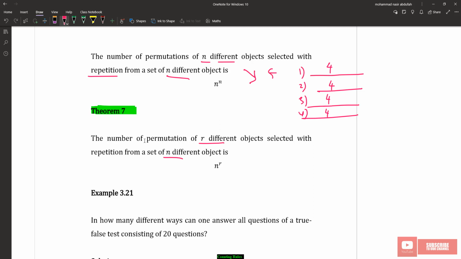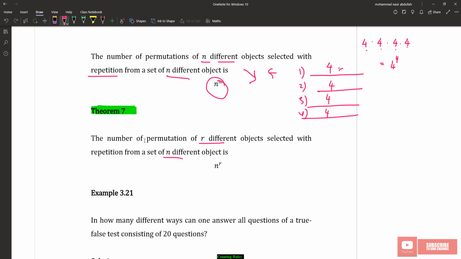Right? By using theorem number 2, first question you have 4 options, second question 4 options, third question 4 options, fourth question 4 options. 4 multiplied by 4 multiplied by 4 multiplied by 4. In short, it is equal to 4 power of 4, which is n power of n.